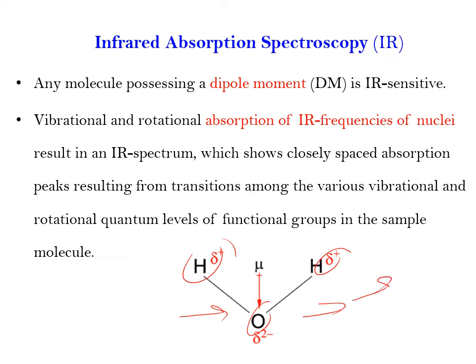When light in the range of the infrared region is applied to this kind of molecule, the polarity or dipole moment could change, or they will absorb some vibrational or rotational energy, or a change in the rotational or vibrational energies will occur in these molecules.